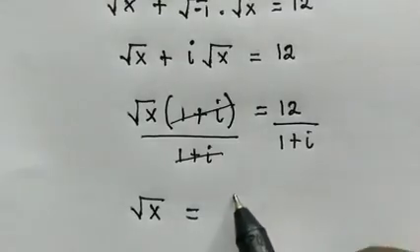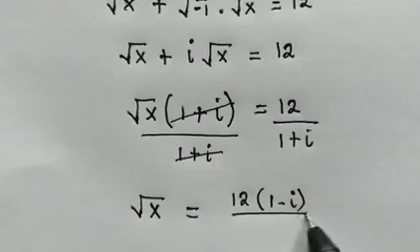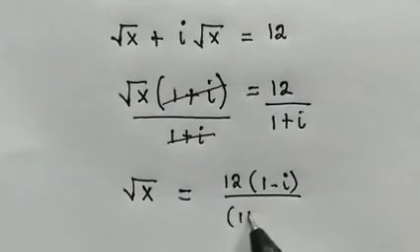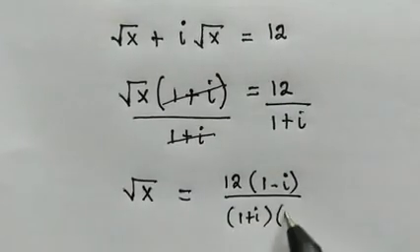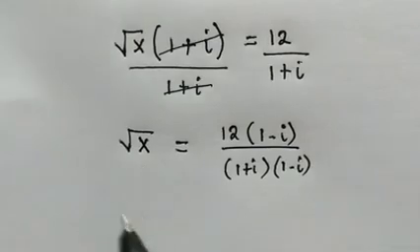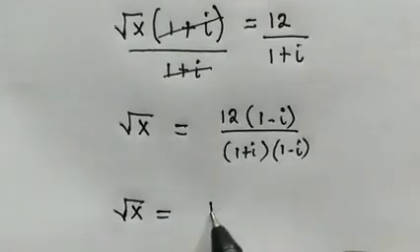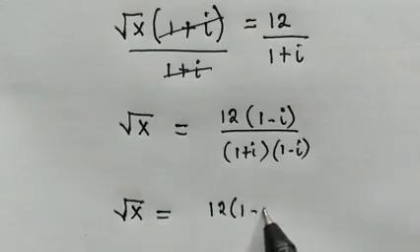So that will be 12 into bracket 1 minus iota, then divided by 1 plus iota multiplied by 1 minus iota. So from this left hand side we have the square root of x.